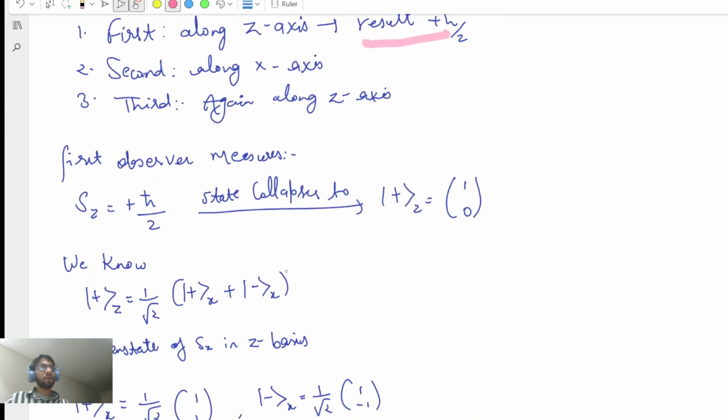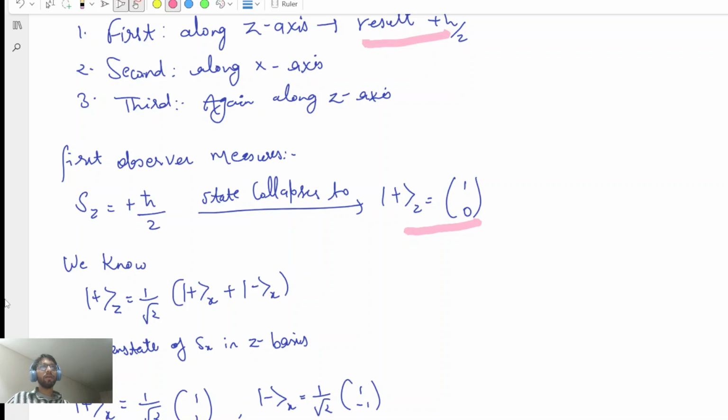As the first observer measures s equals plus h bar by 2, the state collapses to the spin up z state, that is 1 0. So we know that in the z-axis, plus z is 1 0 and minus z is 0 1.